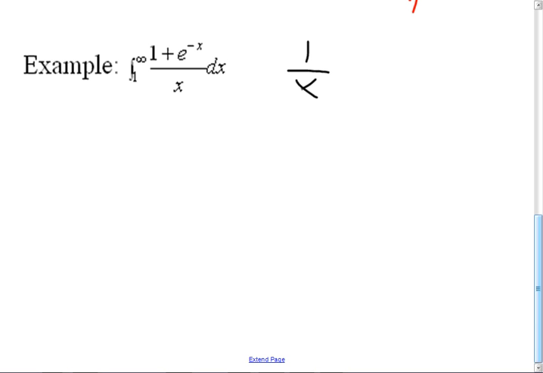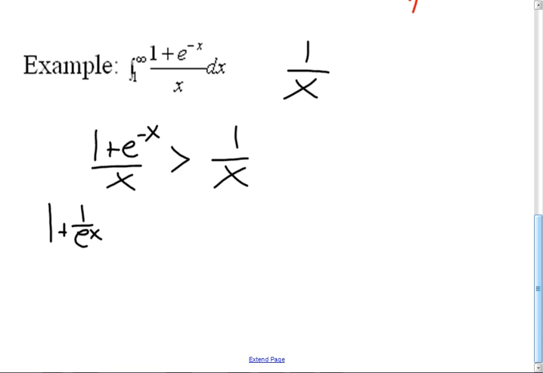Now, is this going to be bigger than 1 over x or smaller? It's bigger, because even though that's not much there, it's still a little bit more. Right, so it's 1 plus 1 over e to the x. It's still positive. Okay, so it's bigger than this. Remember, we just did this at the beginning of class.